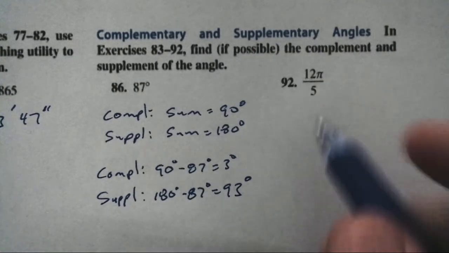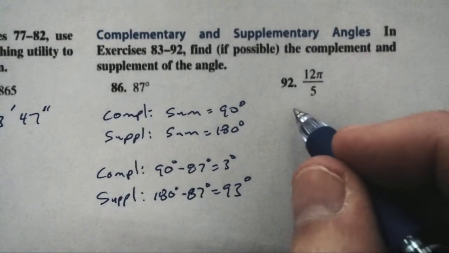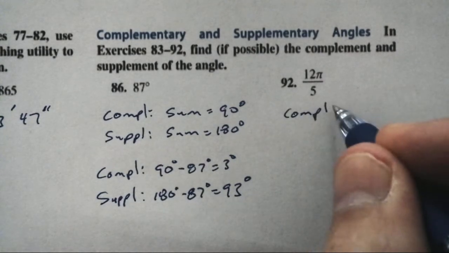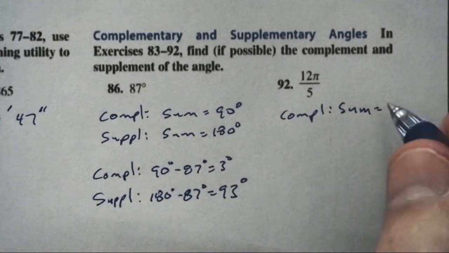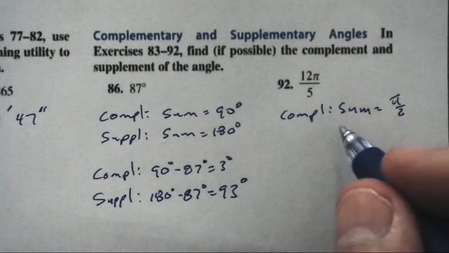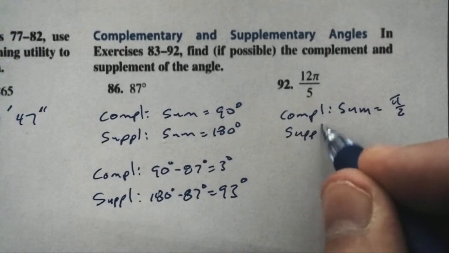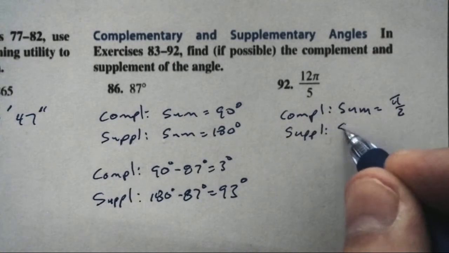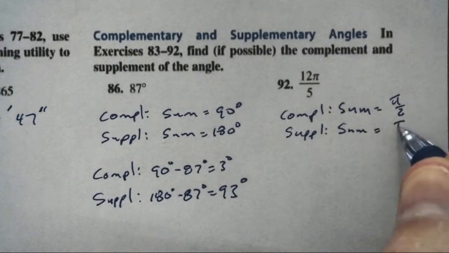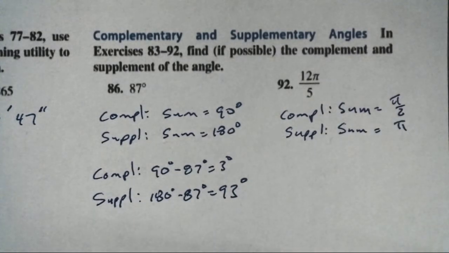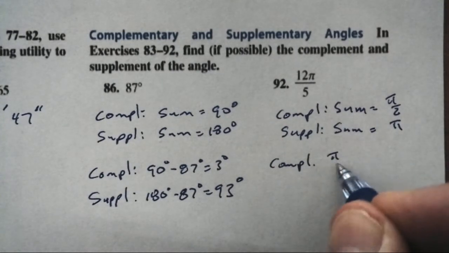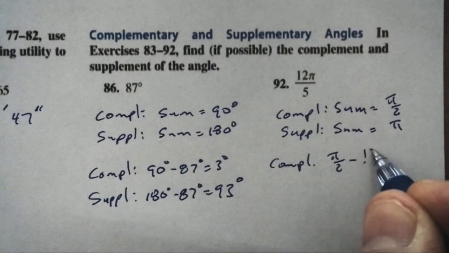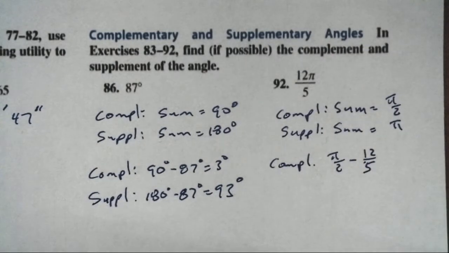Now, 12/5 pi in radian land, the complement would add up to be pi on 2, and the supplement would add up to be pi, 180. So for our complement, I need pi on 2 minus 12/5 pi.